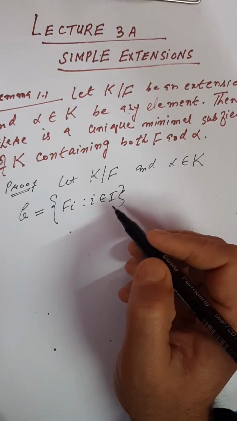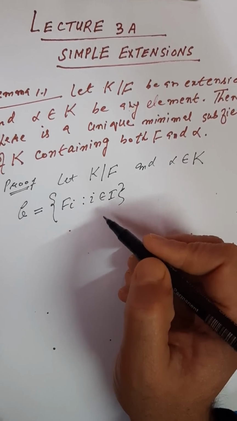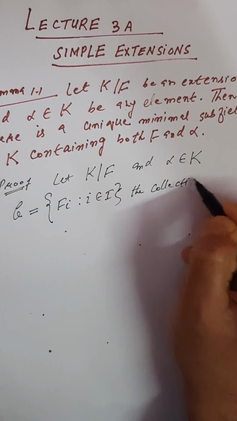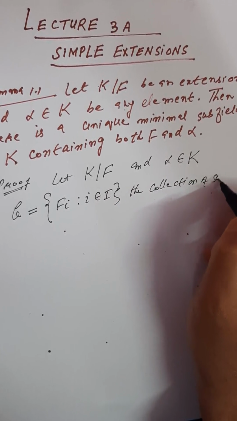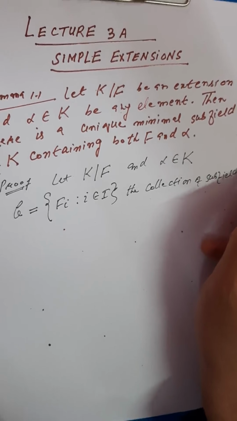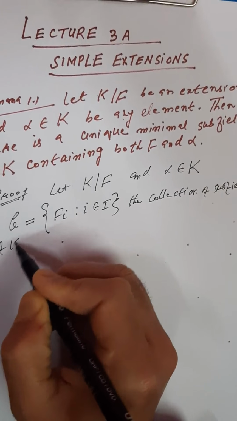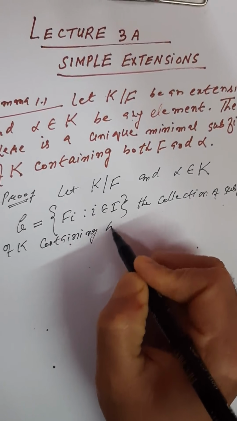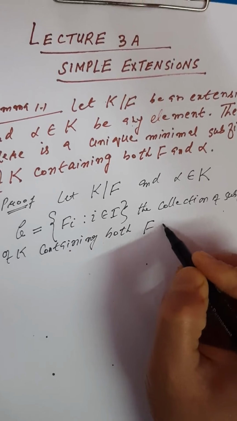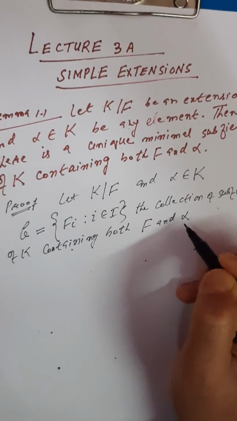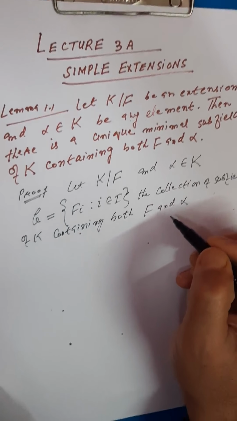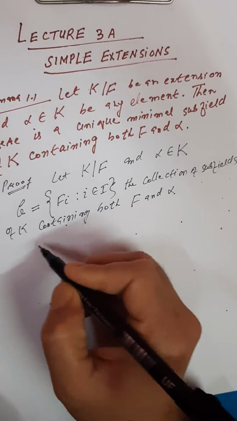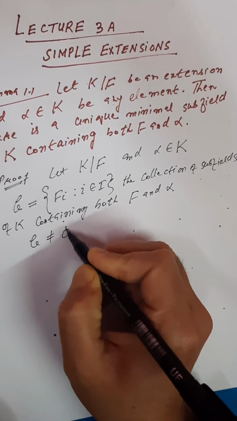It is the collection of subfields of K containing both F and alpha. Obviously, this family is non-empty.